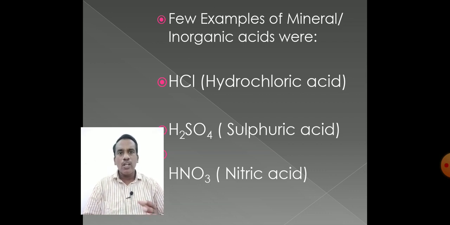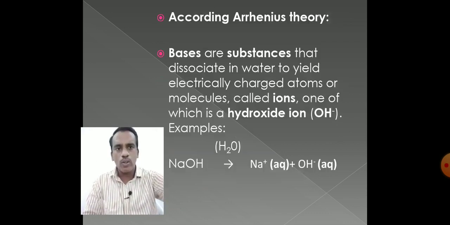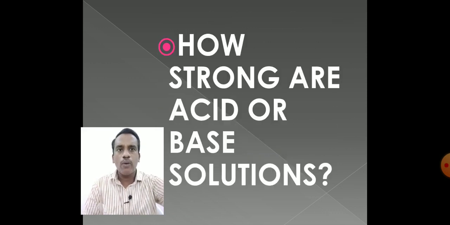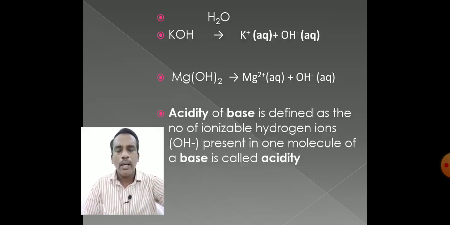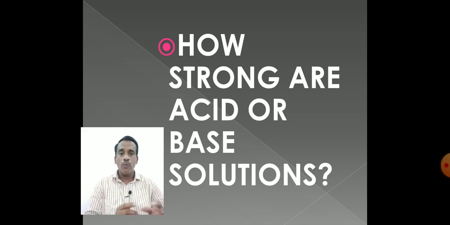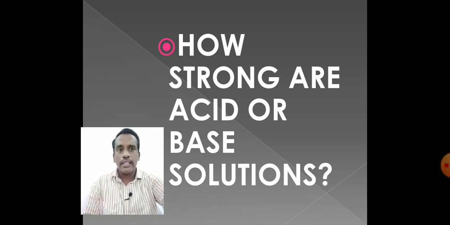What is the basicity of HCl? Monobasic acid. H2SO4, dibasic acid. HNO3, monobasic acid. So you must learn this basicity and acidity to understand the number of H plus ions, and also the number of OH minus ions given by the bases. Now, how strong are the acids or bases?